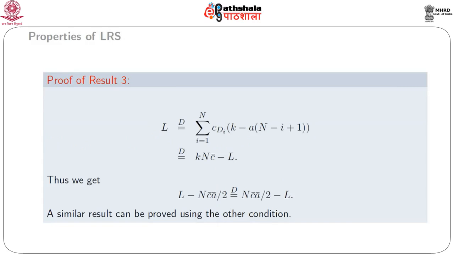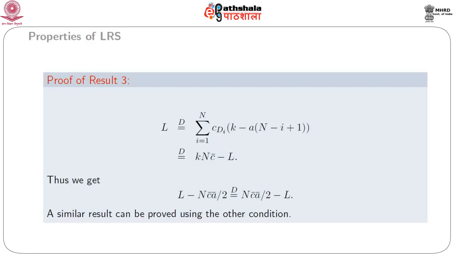Now, we have already assumed that Ai is nothing but k minus A_(n minus i plus 1), and using this we get that L has the same distribution as the summation C_(di) multiplied by (k minus Ai). And after simple algebra, since summation over i from 1 to n C_(di) is nothing but the summation over i from 1 to n Ci, we get that L and k n C bar minus L have the same distribution.